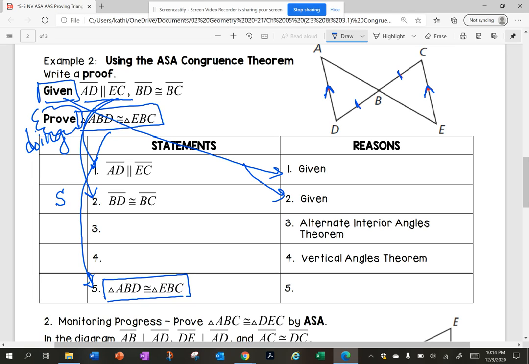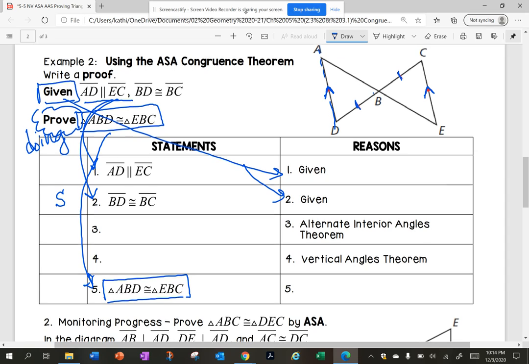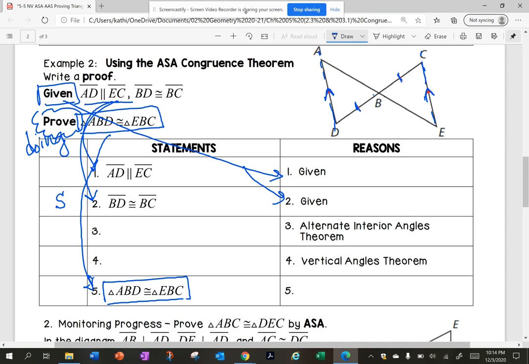The next thing I can say is, since these lines are parallel, this line here is the transversal cutting these.